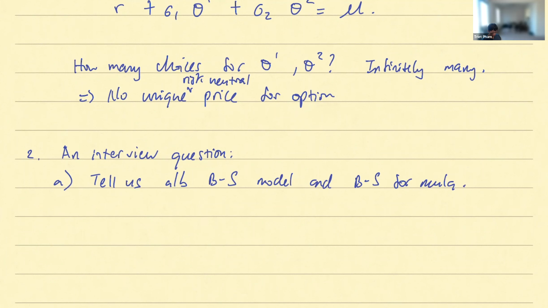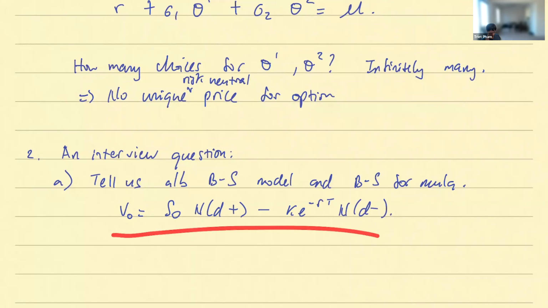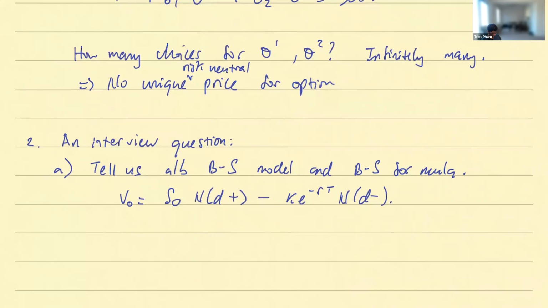So you do blah, blah, blah, and you say, V0 equals S0 N(d plus) minus K e to the minus RT N(d minus), right? Of course, we'll talk about call option. So yeah, okay, fine, you know your stuff.